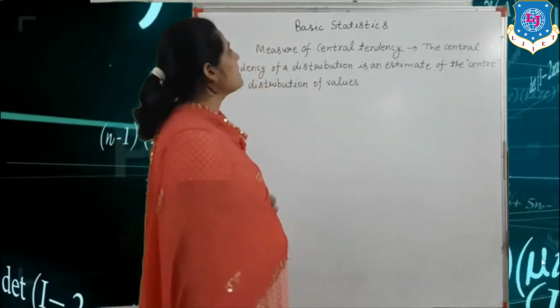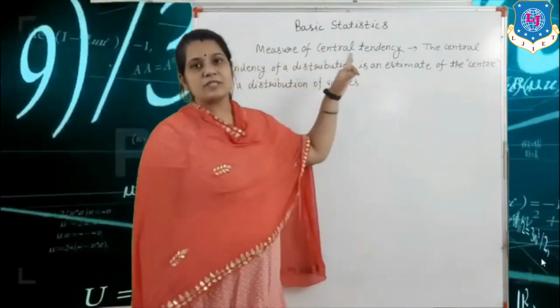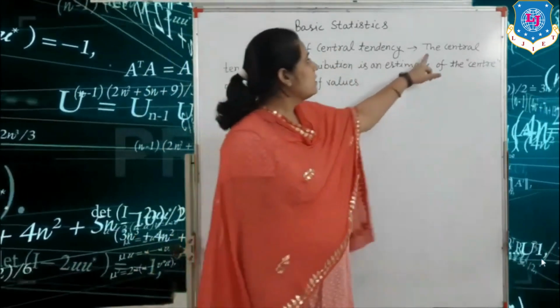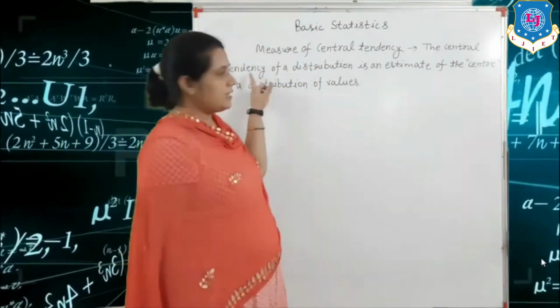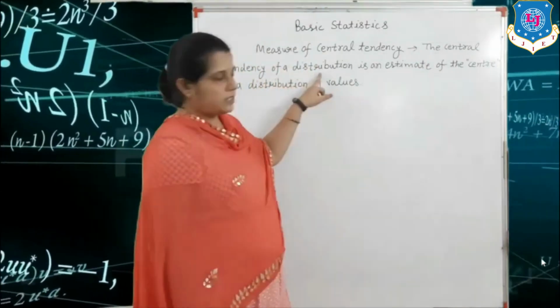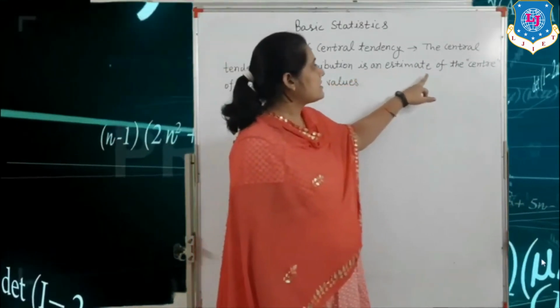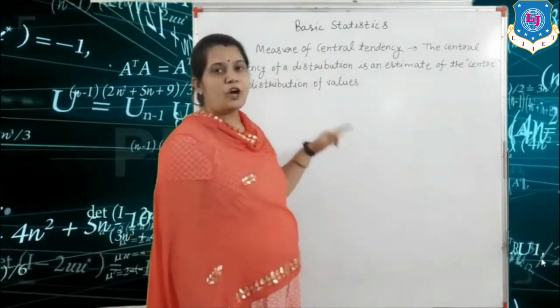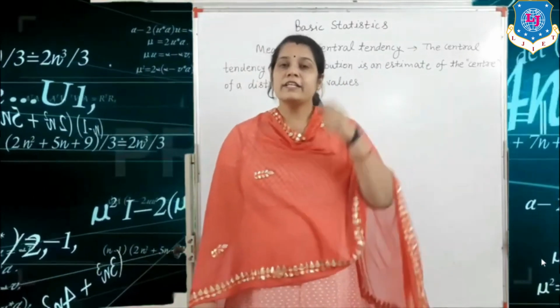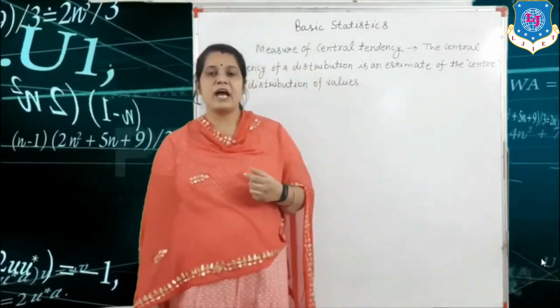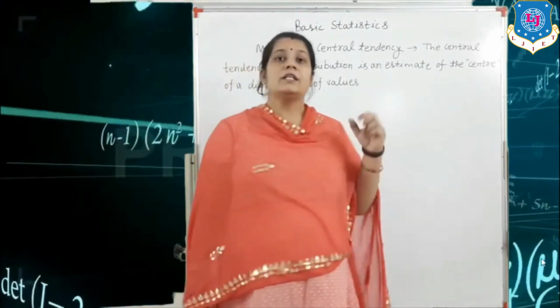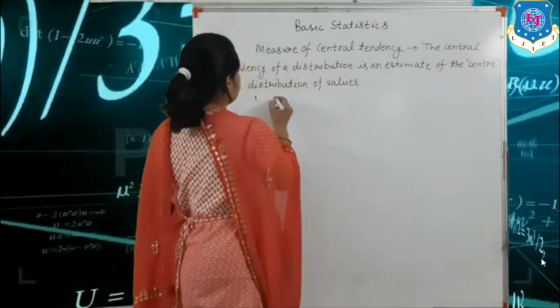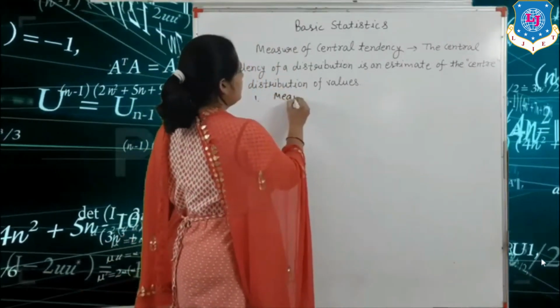In basic statistics, the central tendency of a distribution is an estimate of the center of a distribution of values. In the measure of central tendency, we have five types. Number one is the arithmetic mean.